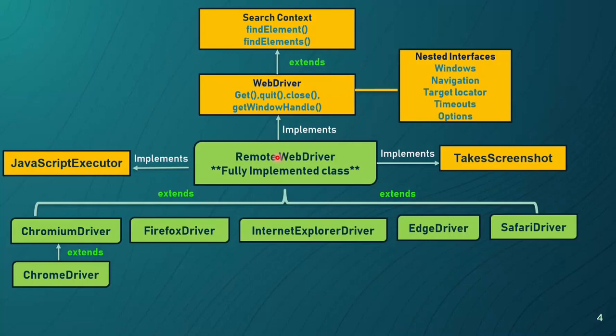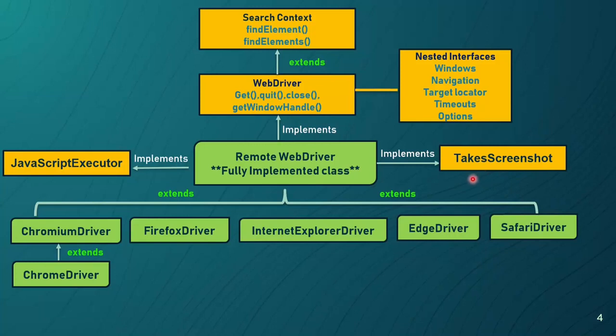As I said, your core Java knowledge will be required to understand this hierarchy. That is why we need knowledge of inheritance and interfaces from core Java. So the remote WebDriver contains the methods of the search context and the WebDriver. In addition, it also implements the JavaScript executor and take screenshot interfaces, which have abstract methods of their own that we can implement.